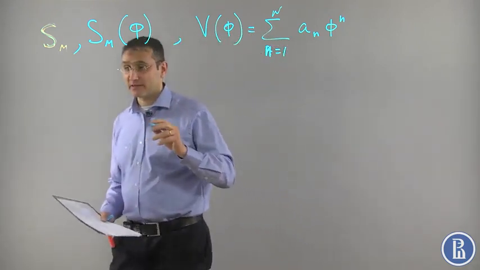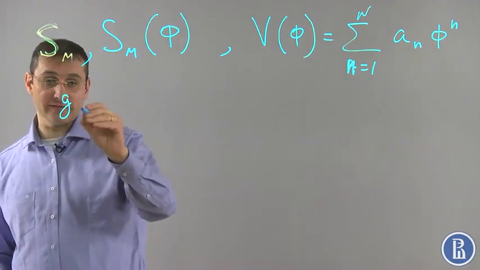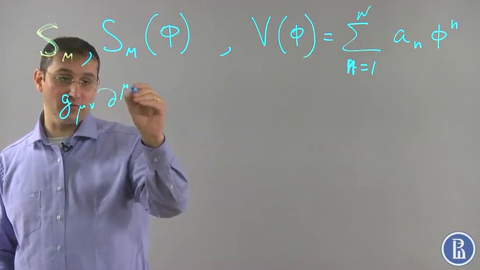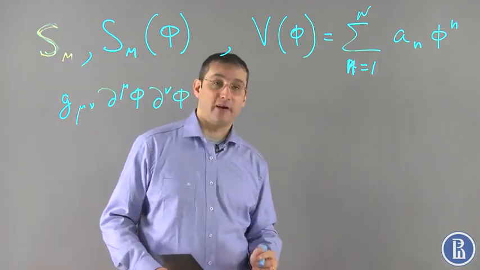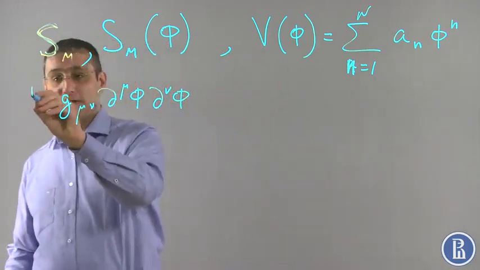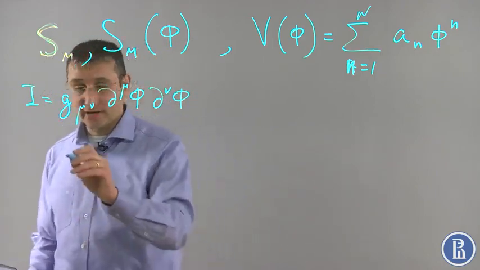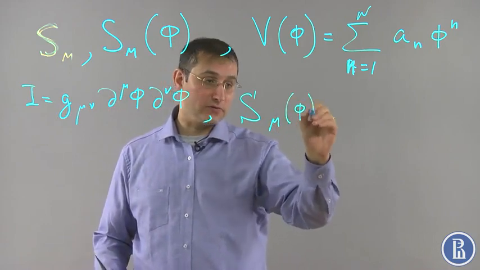Then the simplest invariant that contains derivatives of the scalar field can be built as follows: d mu phi, d nu phi. So this is the simplest invariant.